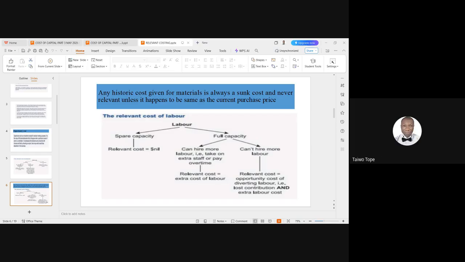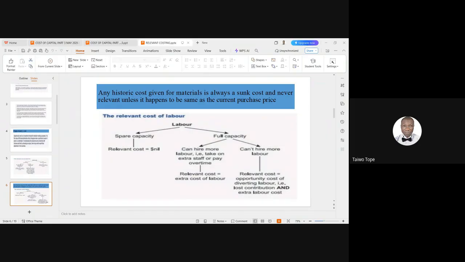Okay, all right, I get your point now. Yes, in practice, the cost will be the actual cost of engaging the workers, and the lost contribution of the other departments will be factored in to determine the relevant cost.